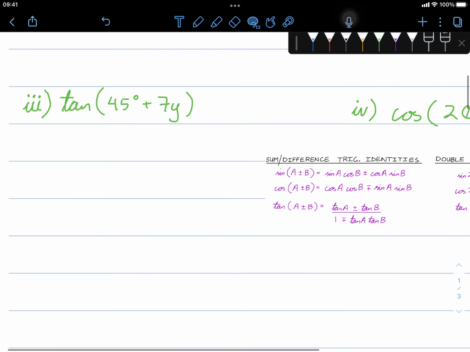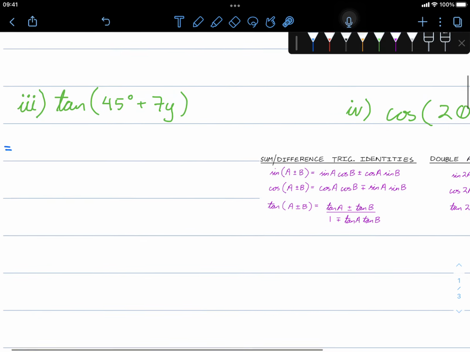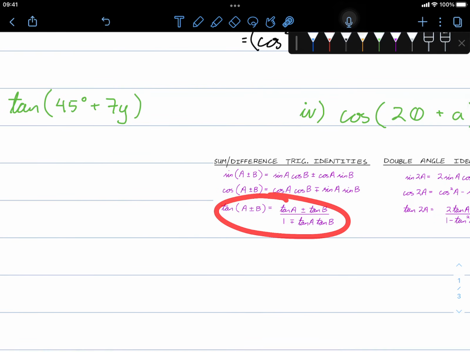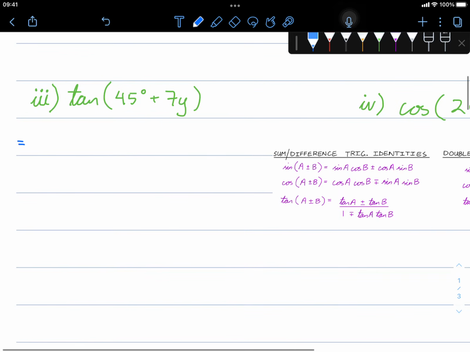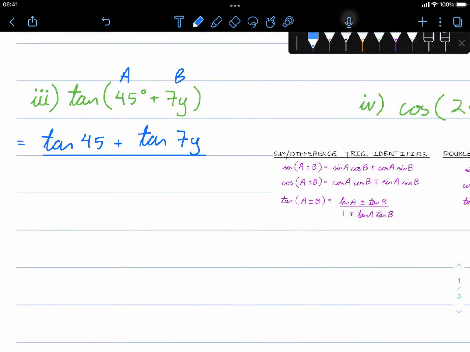Here we go. So for this, we have tan of 45. So we're now looking at tan. So tan of A and B. So it becomes tan 45 plus tan B, which is 7y, all over 1.